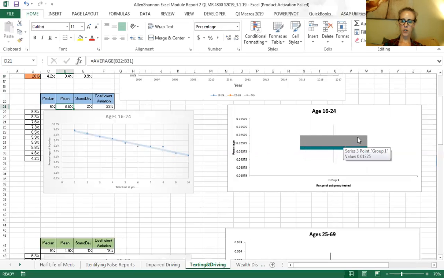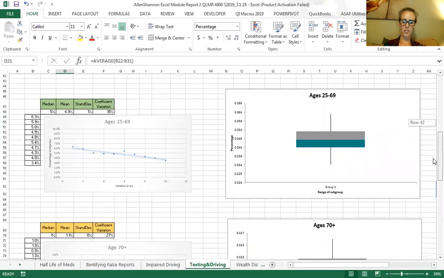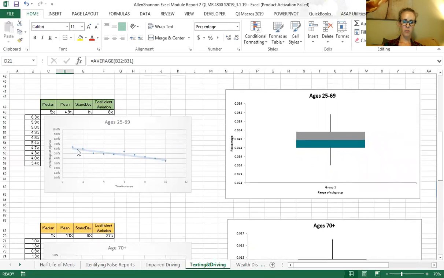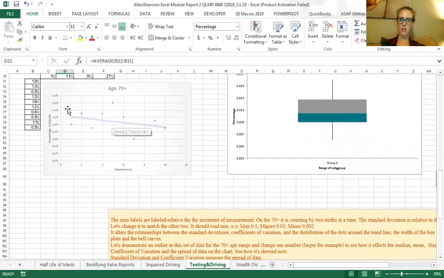It's kind of stacked right there in the middle. And then for the 25 to 69-year-olds, that information stays tight as well. Then we'll see this 70 plus, they're a little bit more scattered, and we'll explain why in just a minute.